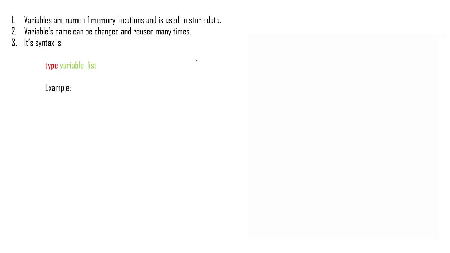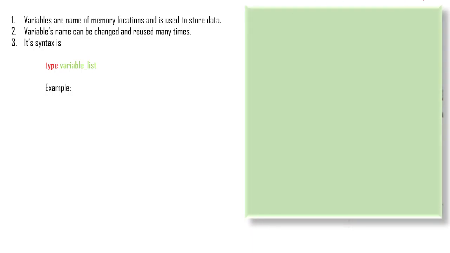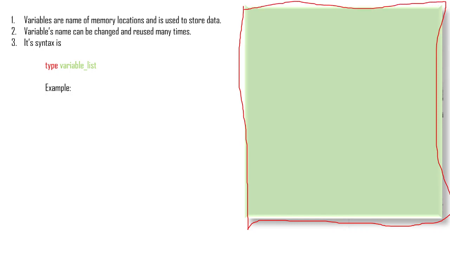Suppose this is our program. This is the space that has been allocated to us in the memory when we run our C program. Whenever we say variable, a variable is just a name of a memory location and is used to store data.